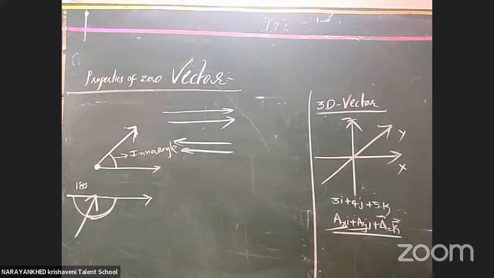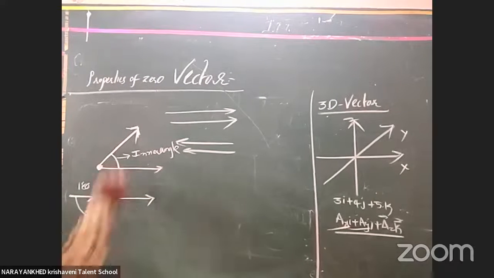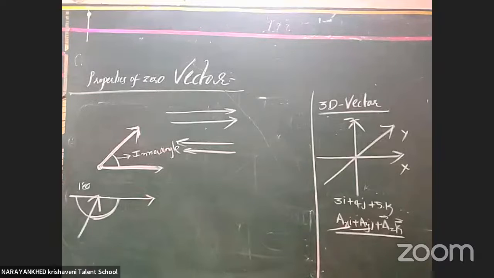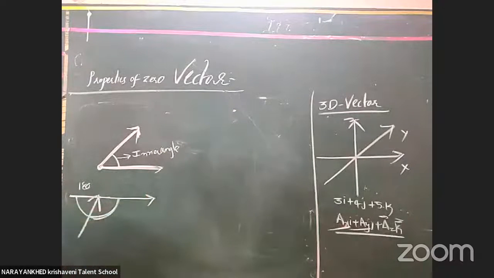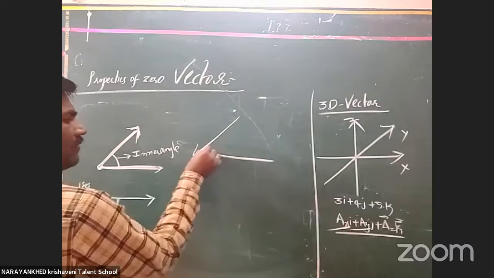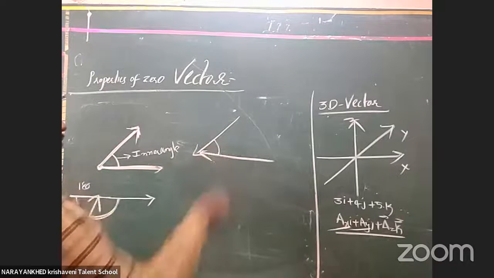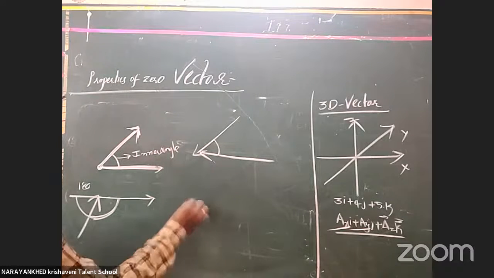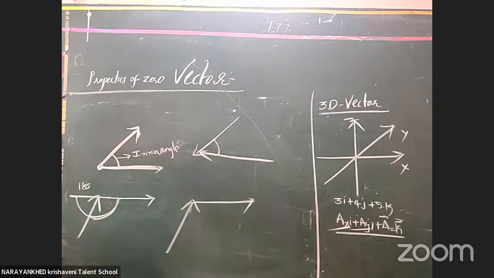Got it or not, all the students? Like this, two arrows, one coinciding with the other, give the inner angle, or otherwise one head coinciding with a tail gives the outer angle. Got it?